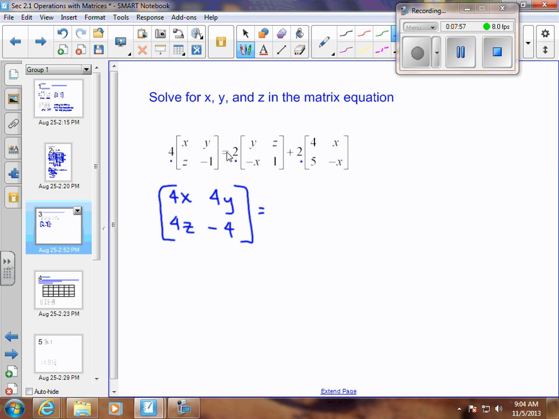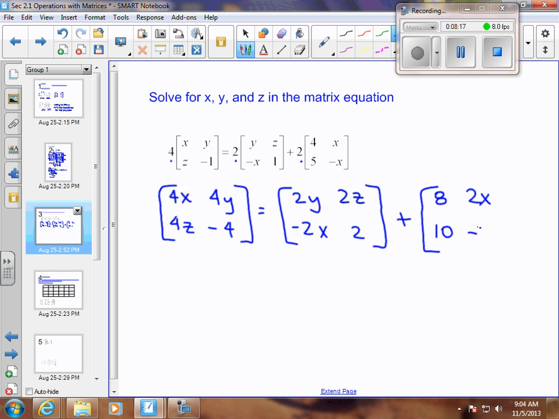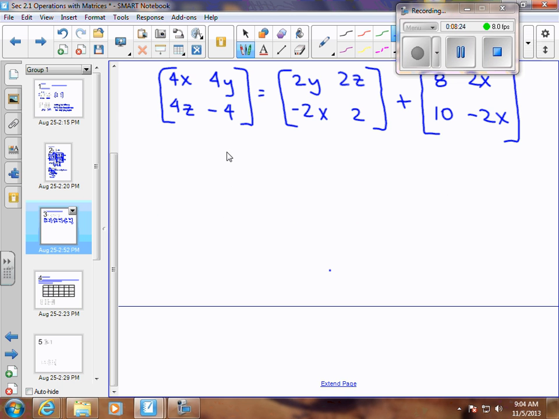On the right-hand side, just doing it in 2 steps, I'll first multiply each scalar by 2. And then, continuing on the right-hand side, I'll add the 2 matrices.